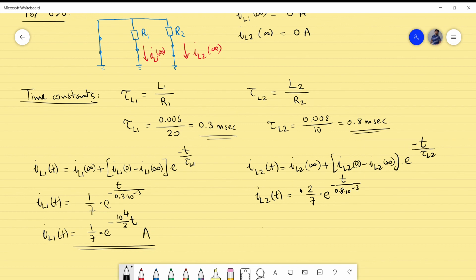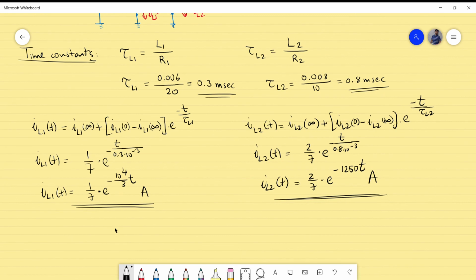So I will also simplify this. What we get is 2/7 times e to the power minus 1250 t, and that's also in amperes. So those are the two expressions for the currents through the L1 and L2.